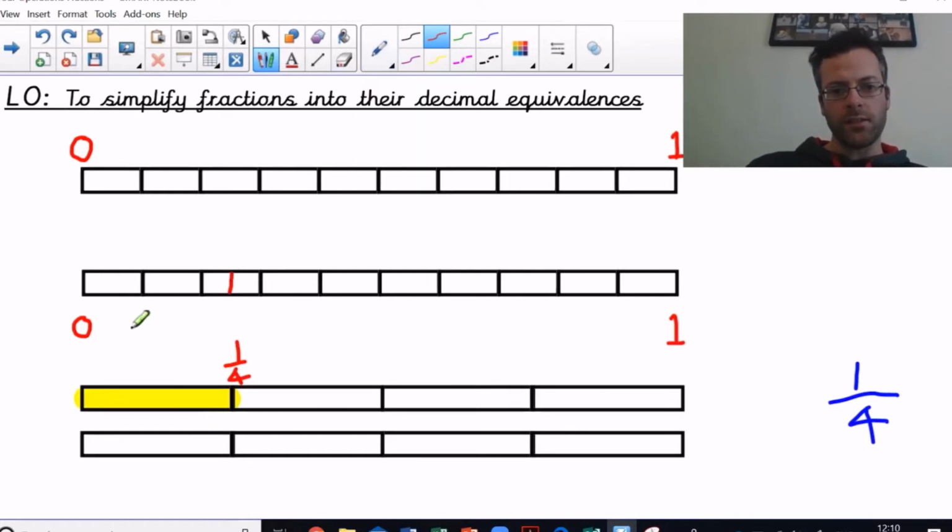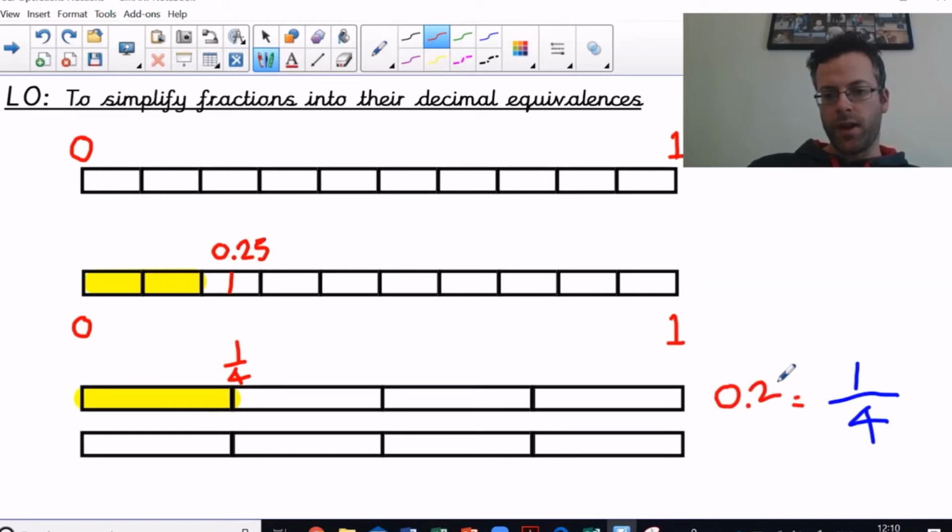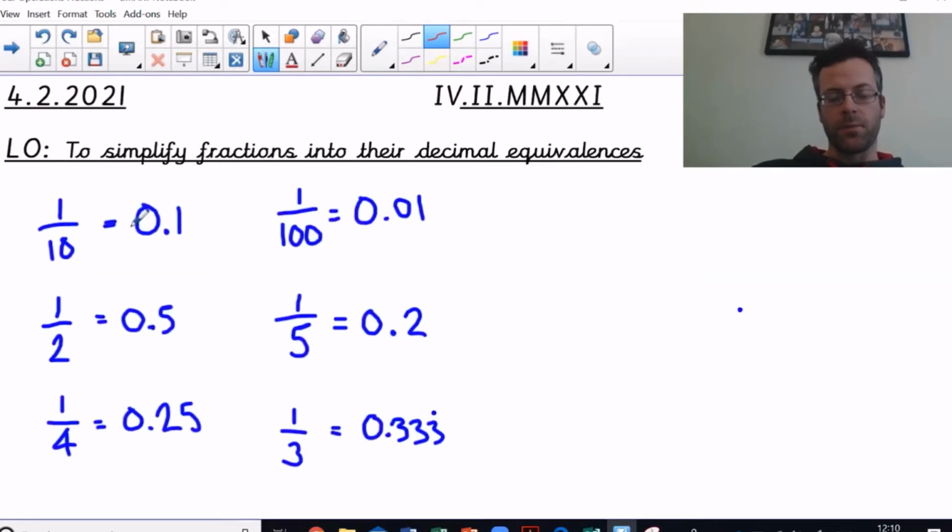So I've shaded in all of 0.1, 0.2, and then I'm halfway between 0.2 and 0.3. And halfway between 0.2 and 0.3 means that I'm at 0.2, and then in my hundredths column is a 5 because I'm halfway between. So a quarter is equal to 0.25, okay? Really important fact to remember. So that is all of these.